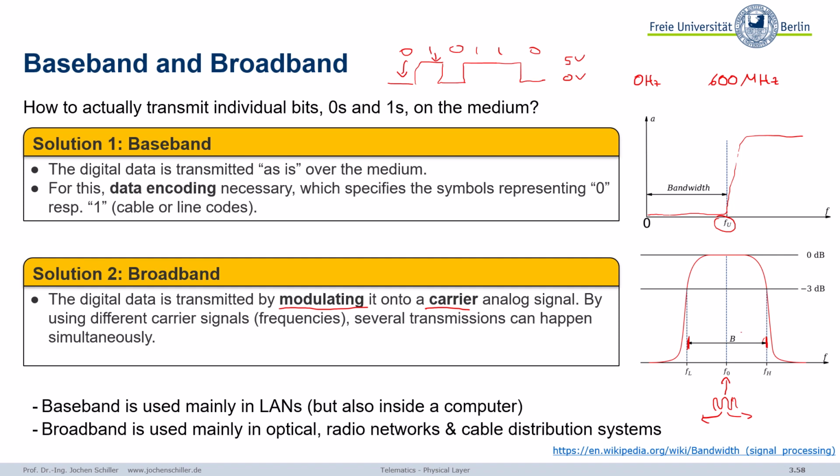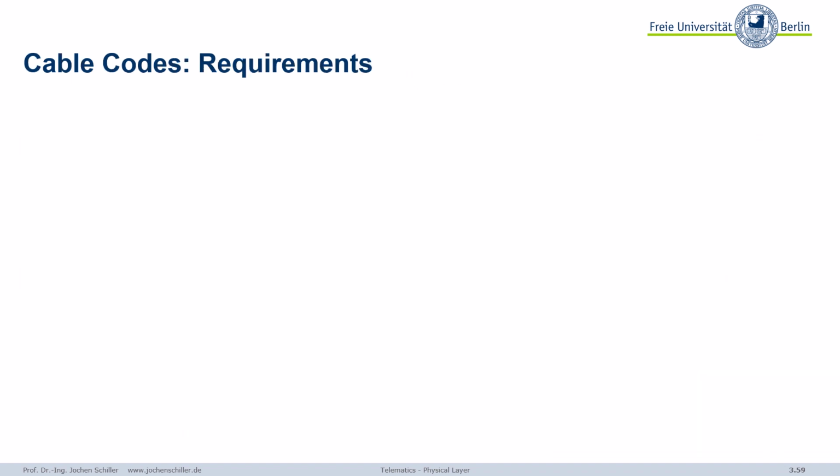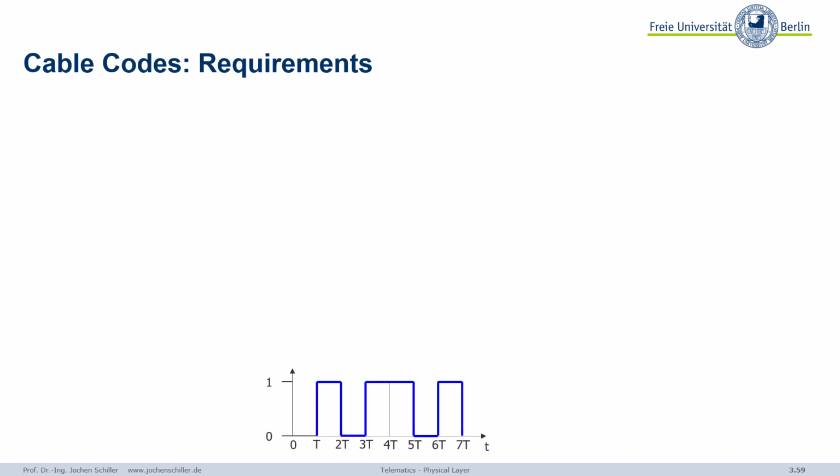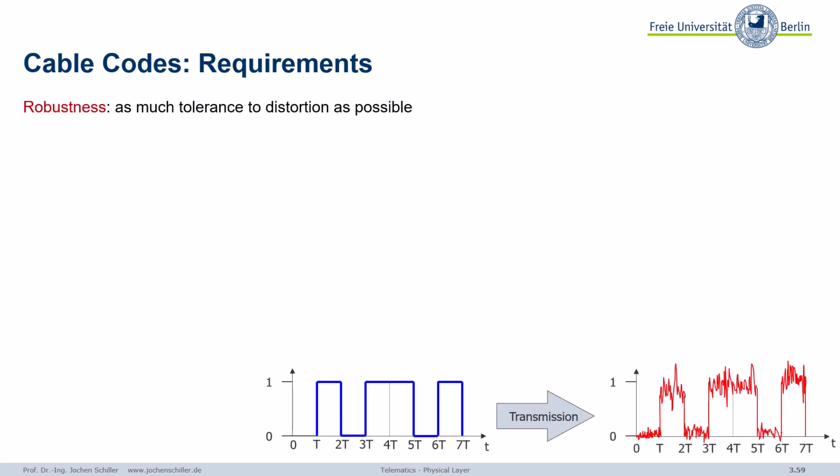So first, baseband. Well, okay, we have to code our ones and our zeros. And this is how this can look. So we directly apply this digital signal on a cable, knowing that, okay, if we transmit it, it will not look that nice. Maybe inside a computer it still looks close to this blue line, but in real cables it's rather looking like the red line.